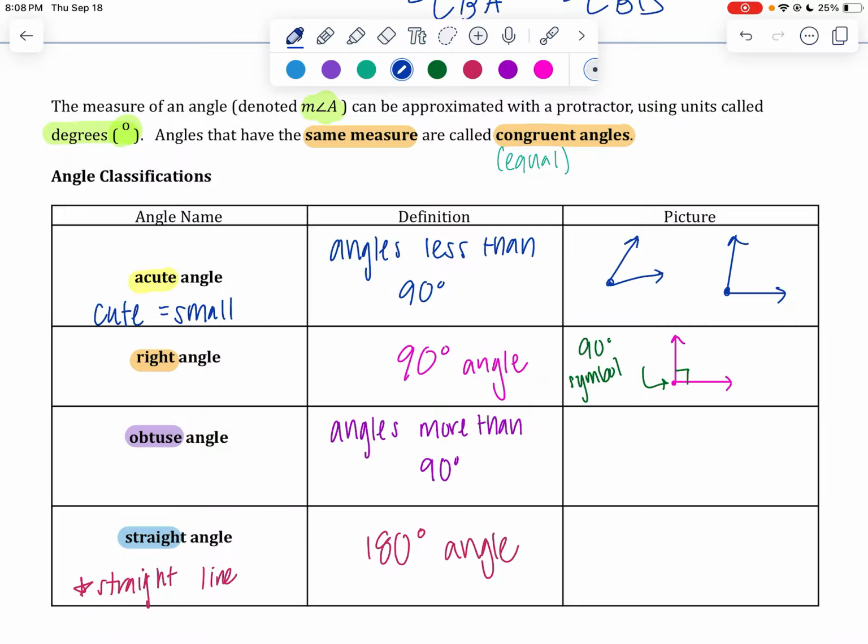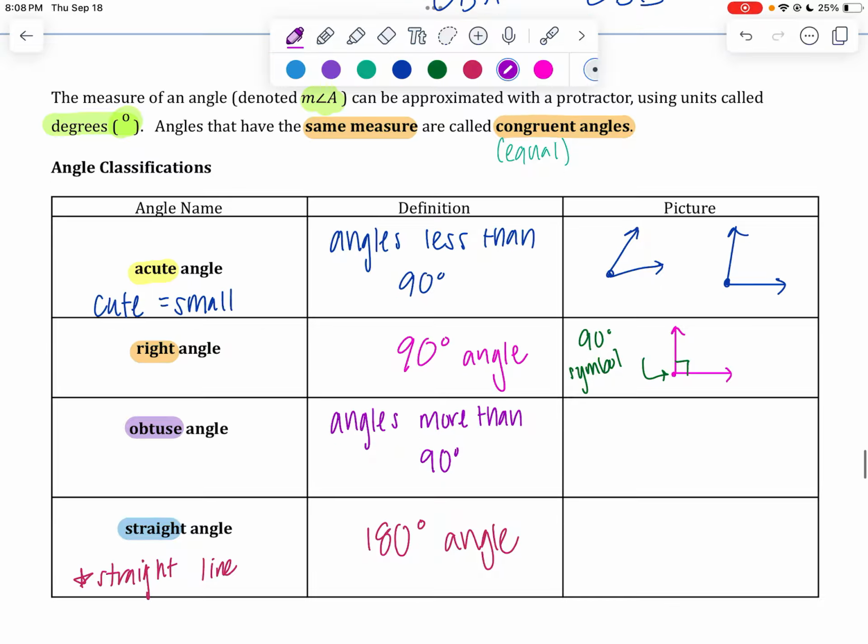Okay, obtuse angles are greater than 90 degrees. So I can have my vertex, I can have one right there, slightly larger than that 90 degree angle, or I can go even bigger and go like something like that. These obtuse angles are bigger or more than 90 degrees.